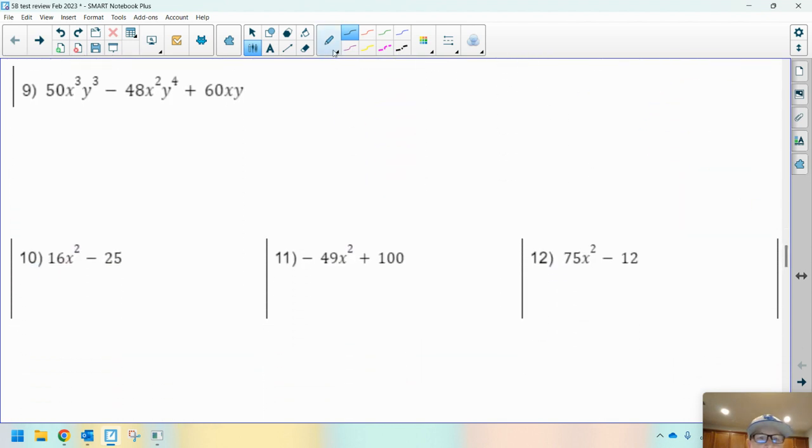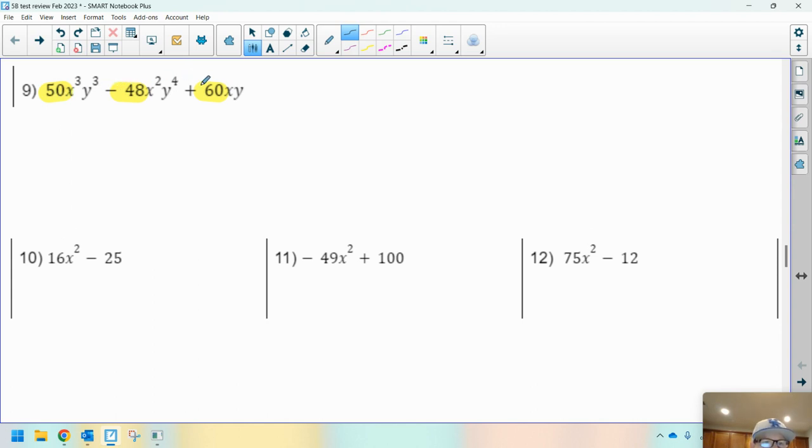All right, we have to find the GCF again. We're going to look for the GCF of these numbers, 50, 48, and 60. Do not worry about the negative here. If the first number is negative, we do take a negative out and use it as a GCF, but in this case, that 50 is positive, so the number for our GCF is going to be positive.